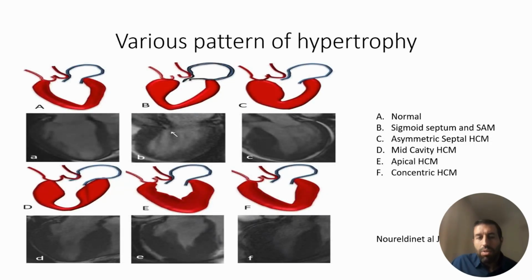The diagnosis, as we said, is based on the presence of a maximal LV wall thickness, although enormous diversity is present in the pattern, location, and extent of wall thickness, as you can see. Here we have sigmoid septum and asymmetric septal hypertrophic cardiomyopathy, mid-cavity, apical hypertrophic cardiomyopathy, and concentric. And we're going to talk about that later.